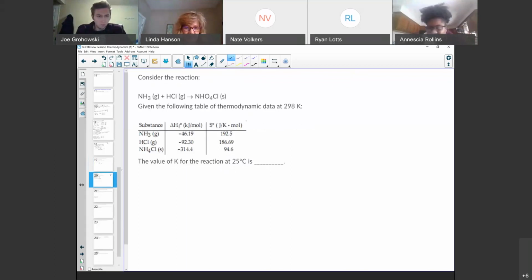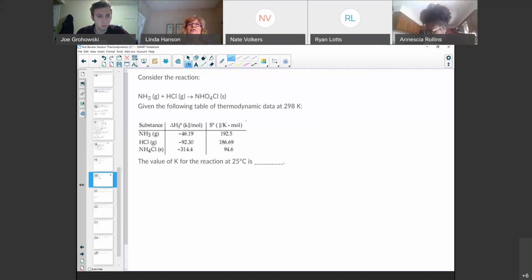Here's a new topic, trying to pull in as many different equations as we can. Here we're looking at thermodynamic data, and we're asked to solve for the value of K, the equilibrium constant.